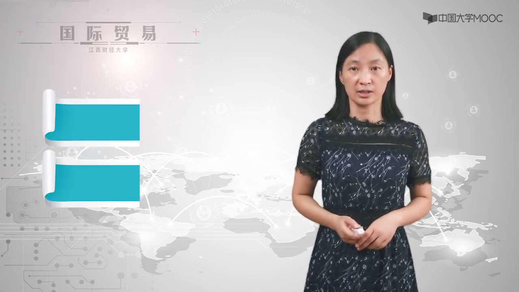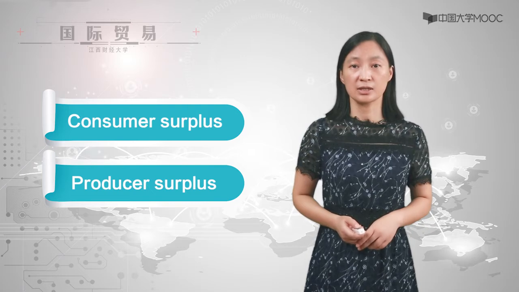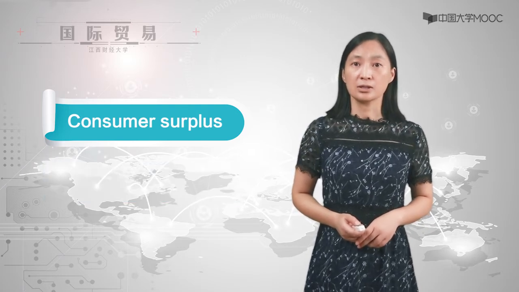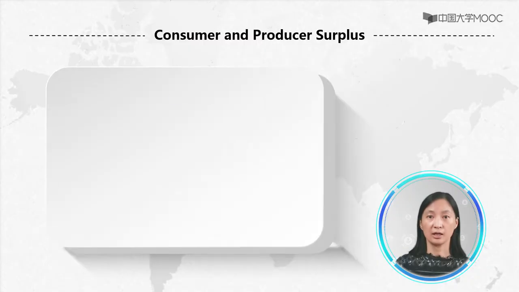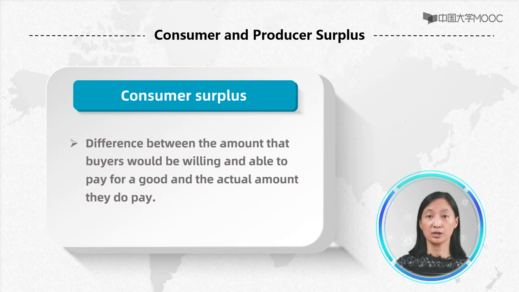The method for measuring costs and benefits of a tariff depends on two concepts common to much microeconomic analysis: consumer and producer surplus. Consumer surplus measures the amount a consumer gains from a purchase. It refers to the difference between the amount that buyers would be willing and able to pay for a good and the actual amount they do pay.